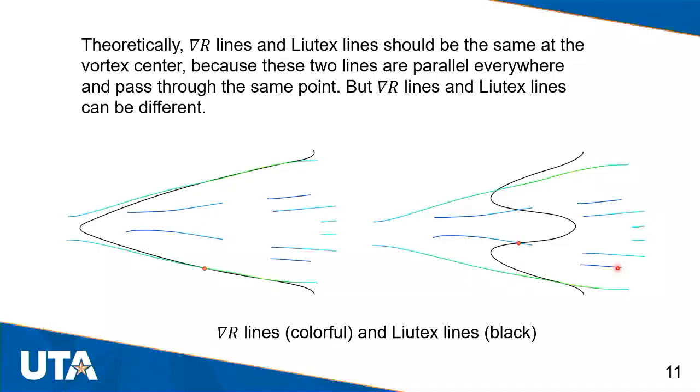So that's another issue. At the beginning, we used vortex lines to draw the vortex structure, because after finding a seed point, you can draw the whole vortex structure. But that may cause error, especially for the weak vortices.